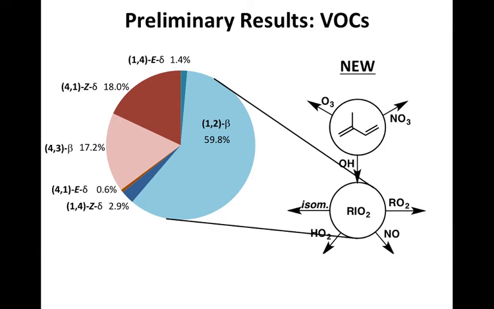So when we allow for this equilibrium to come into effect, rather than the kinetically limited distribution that was usually incorporated into models before this, we get much more of the products reacting through their beta channels, the 1,2 beta in particular.